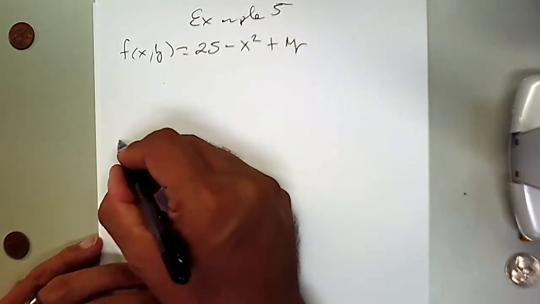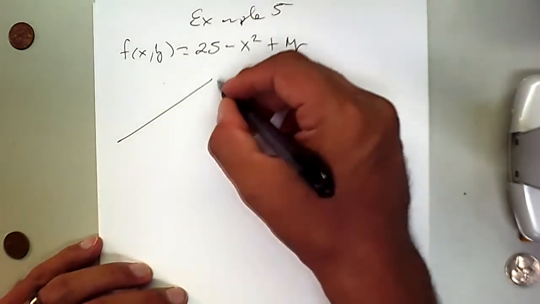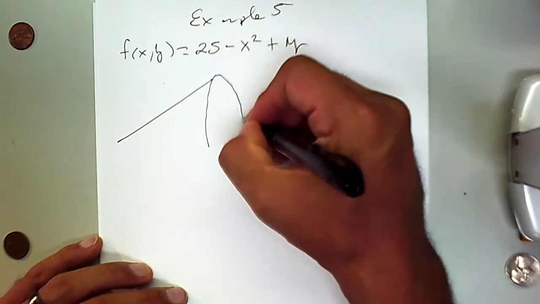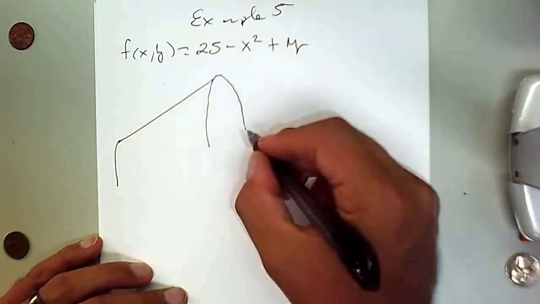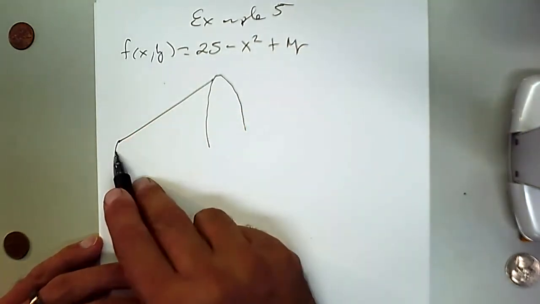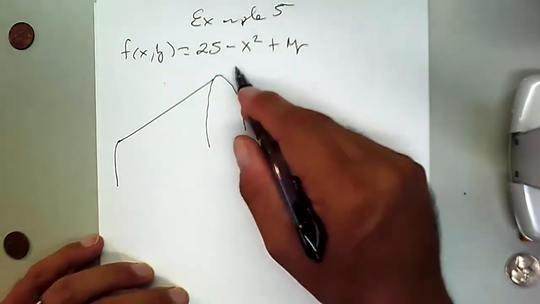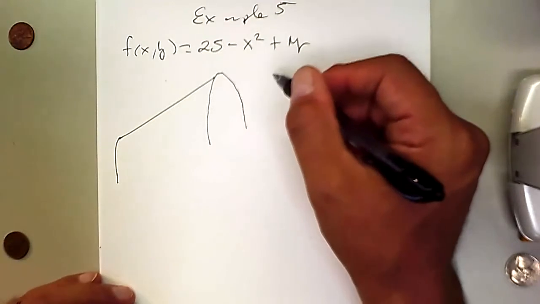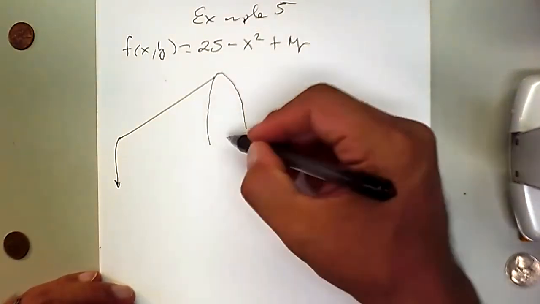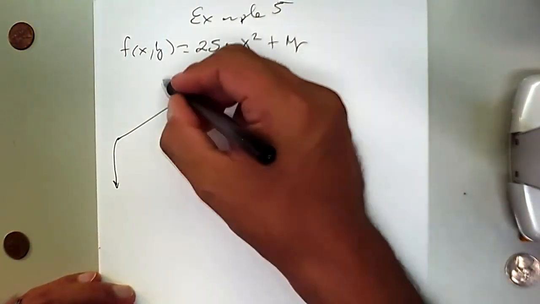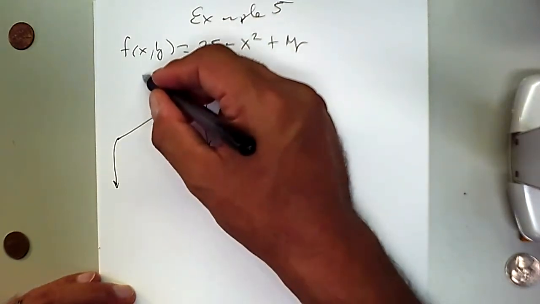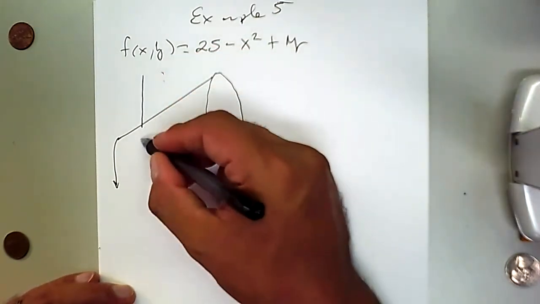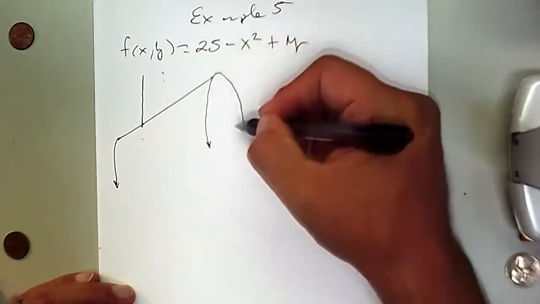What we end up with is a parabola opening down, but going up. So this is sort of a cylinder. I don't know if it's still a cylinder, but it is sort of a cylinder. It is a surface. So this could be the z-axis going down through the center of this parabola.